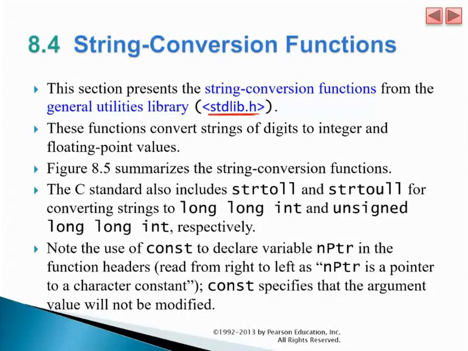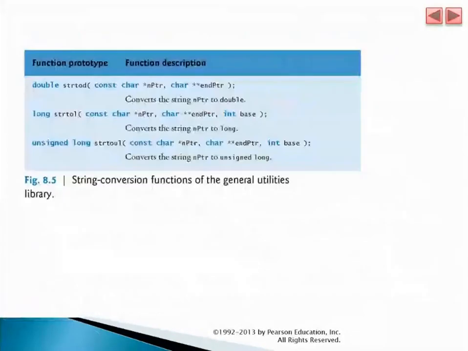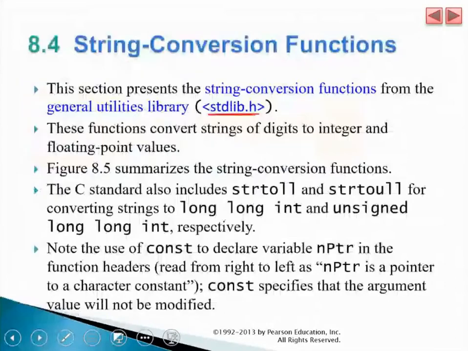So if we insert 10, this can be converted into decimal or double or float. Obviously ABCD cannot be converted, right? So string conversion functions work on strings of digits, and they get converted into a specific type, either integer or some floating point values.